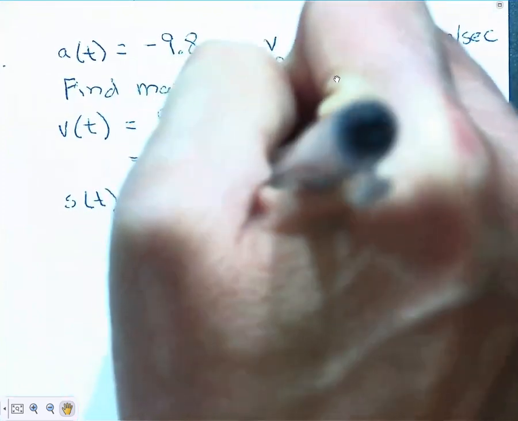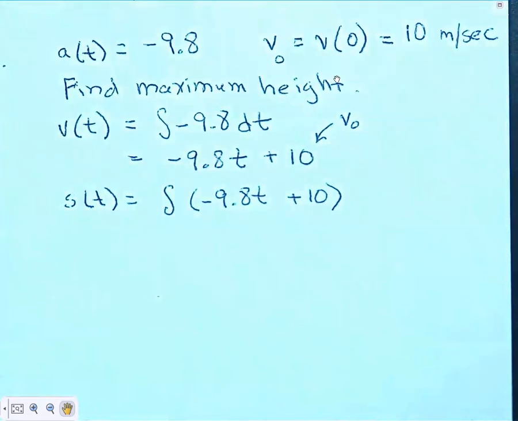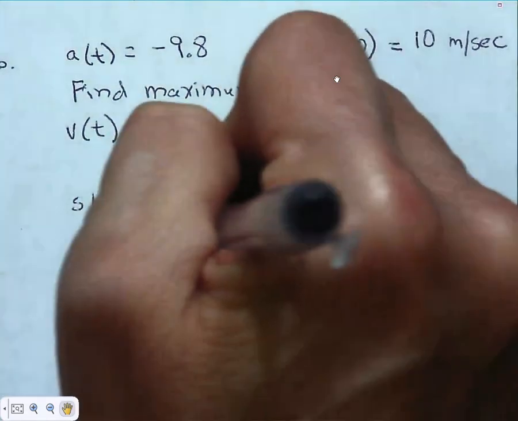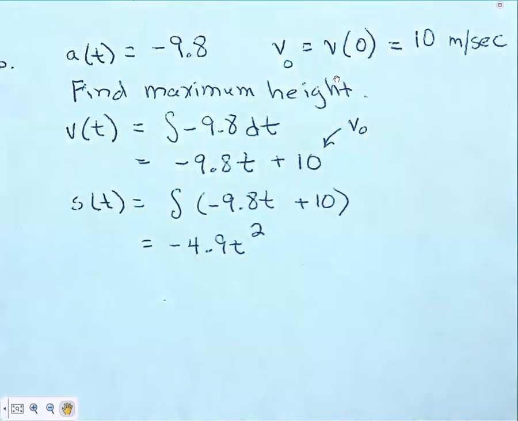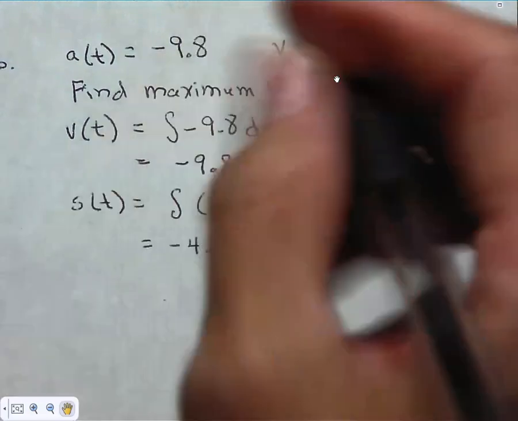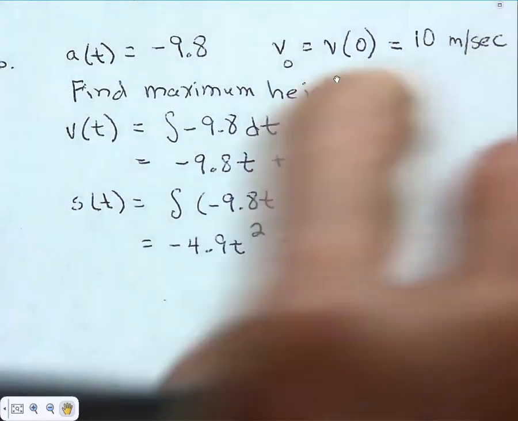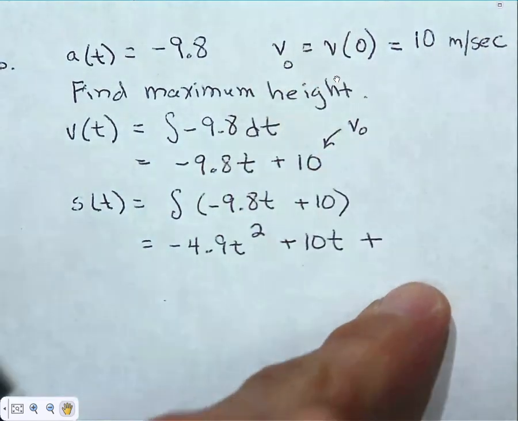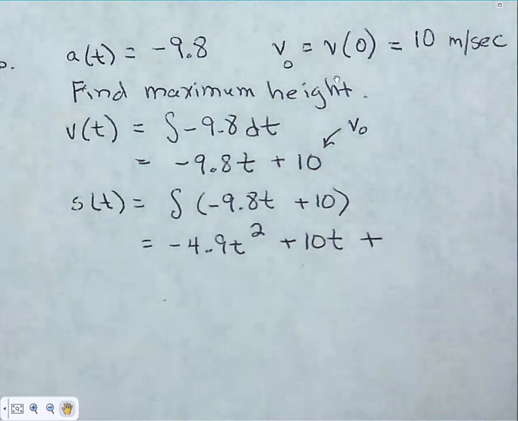That's the velocity function, and then the position function would be what? Antiderivative of the velocity function. And the antiderivative of the velocity function would be negative 4.9 t squared plus 10t plus, what's the constant on the end of the position function? Initial height. Were we given anything about the initial height?